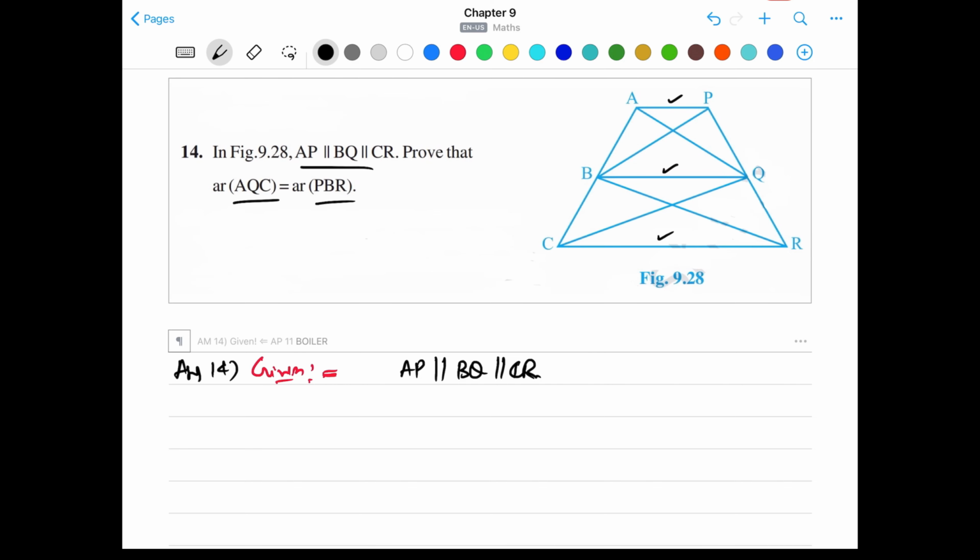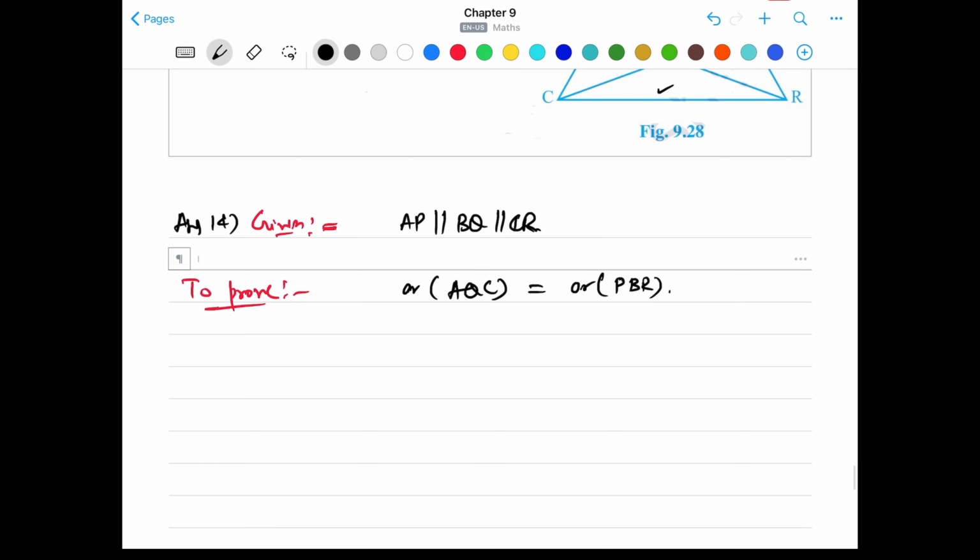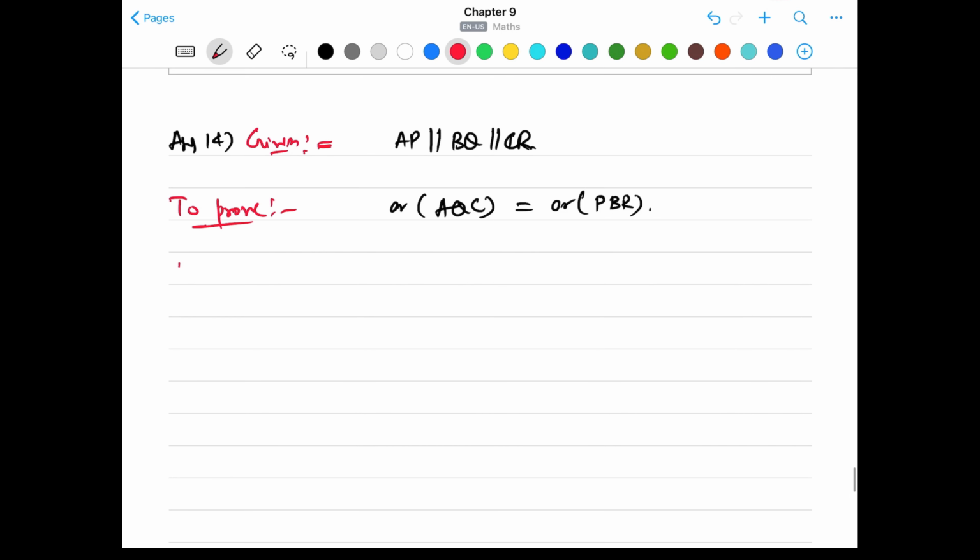Okay, that's the only information given to us here, and we have to prove that the area of triangle AQC is equal to the area of triangle PBR. Okay, so let's start this proof.